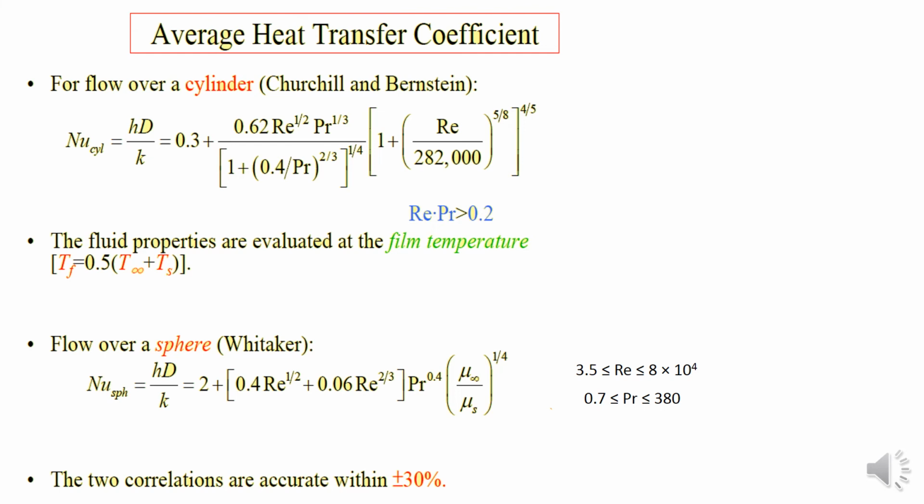We should evaluate the properties at the film temperature, which is the average of the surface temperature of the cylinder and the surrounding temperature. And then we have another correlation for a sphere, given by the Whitaker equation as shown below, valid for Reynolds number from 3.5 to 8 times 10 to the power 4, and Prandtl number from 0.7 to 380. These two correlations are accurate within plus or minus 30%.